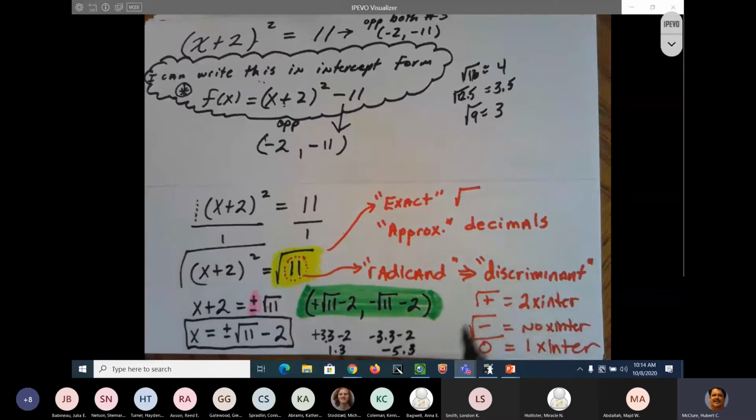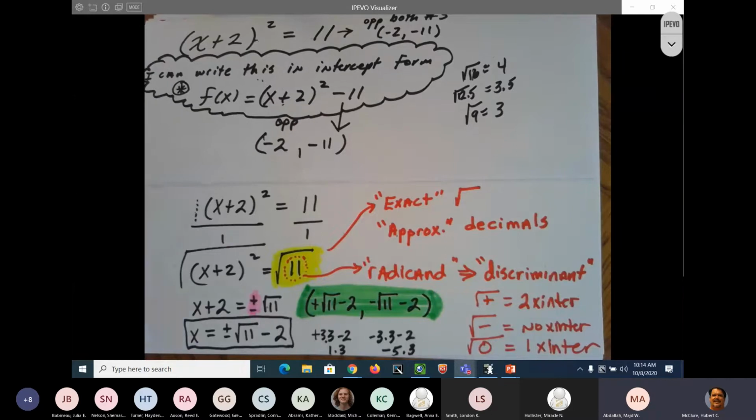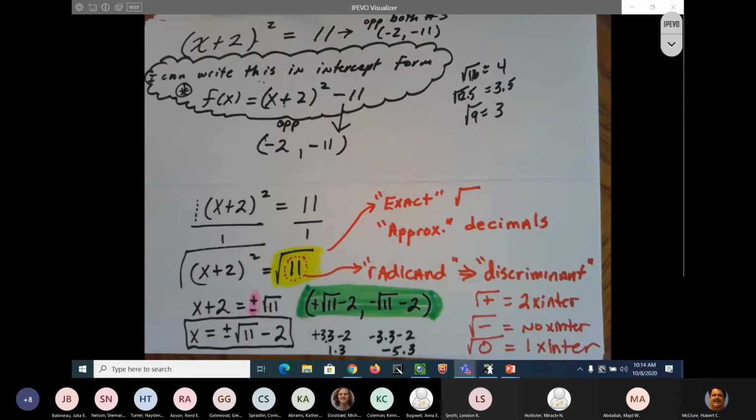Somebody tell me what the square root of 11 is, please. I want y'all to type it in and tell me. 3.316. Okay, 3.316.